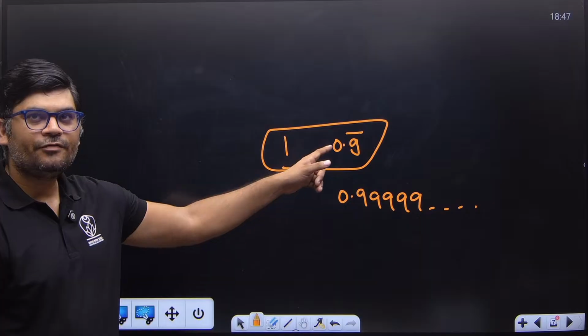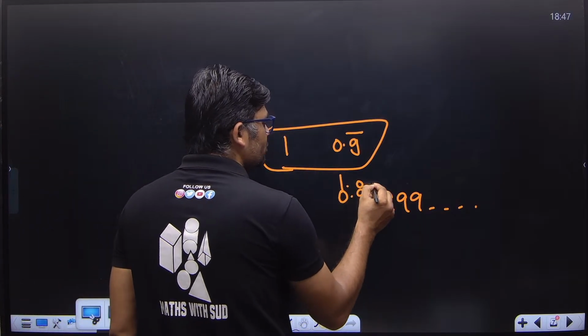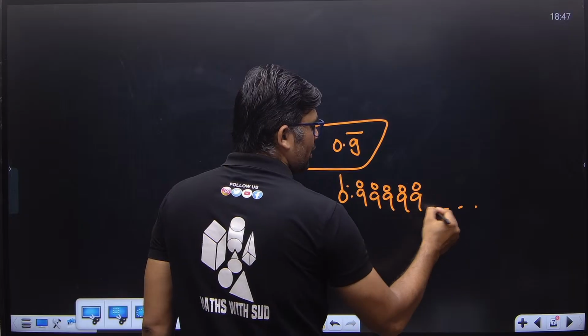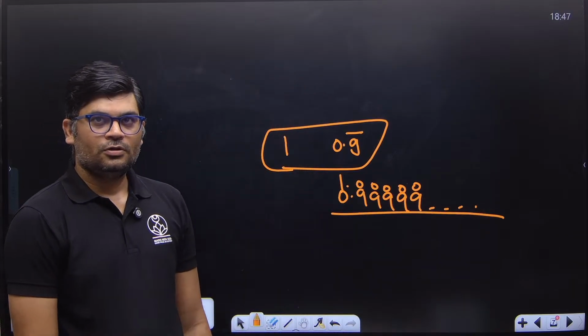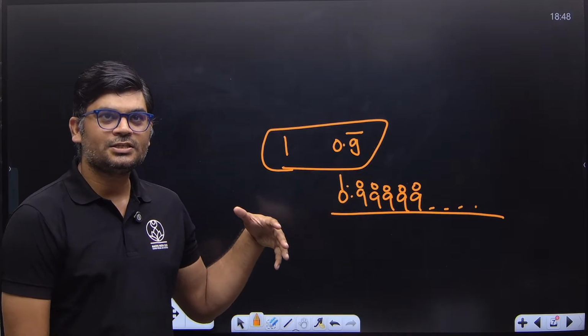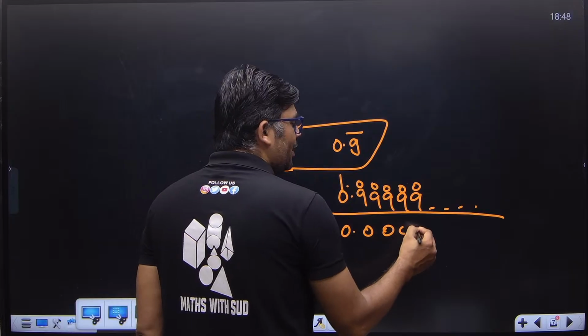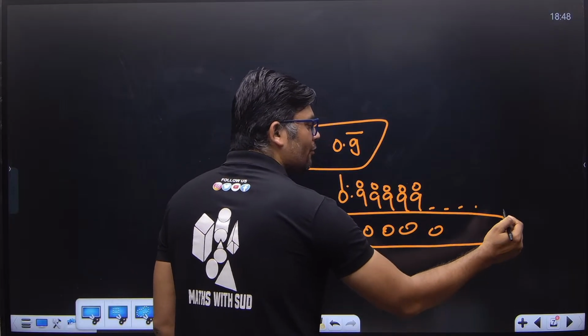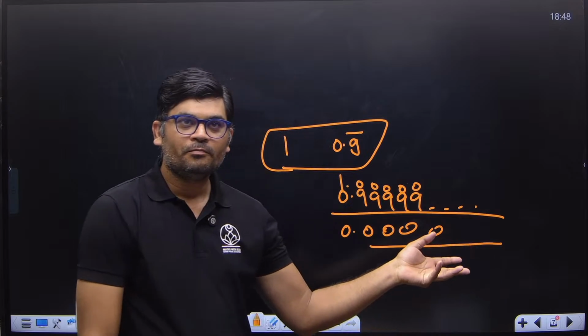Can you tell me the difference between these two? If you subtract, you get 0.000000 and it goes on. So you will never be able to say it is almost 0 only. It is going to be infinite zeros. You will say, sir, there might be some 1, but you can't see that.